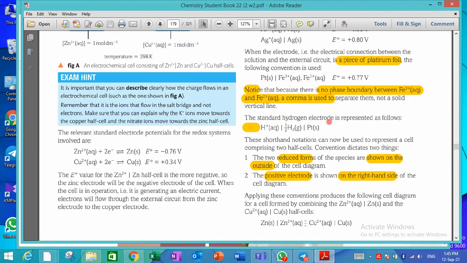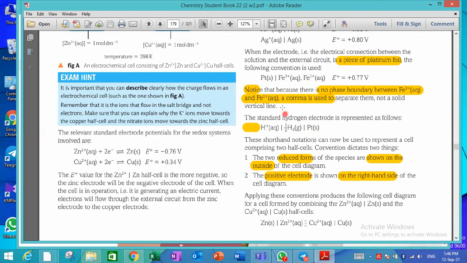But for the standard hydrogen electrode, we write the hydrogen ions, hydrogen gas first, and then we put the platinum. So hydrogen ion aqueous, phase boundary, because there is a phase boundary that separates the hydrogen ions and the hydrogen gas. And then there is another phase boundary to put the platinum wire.